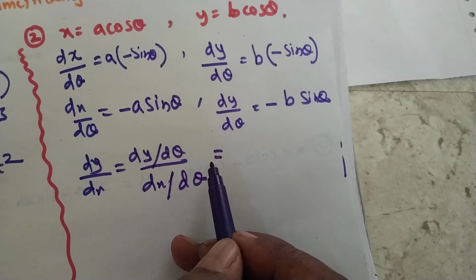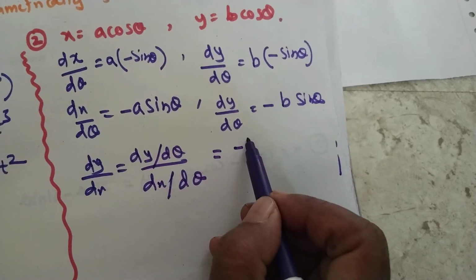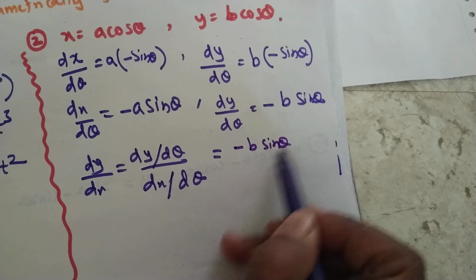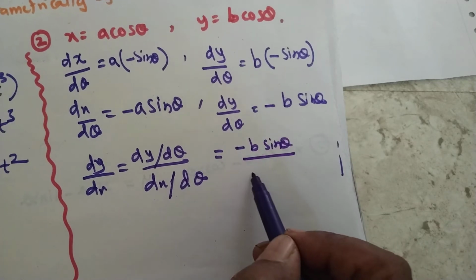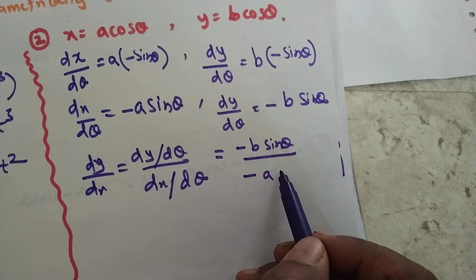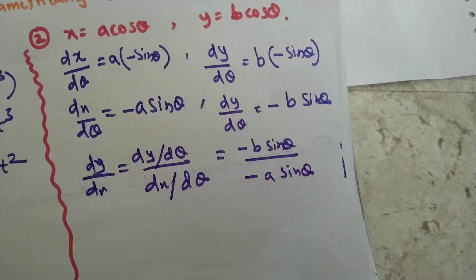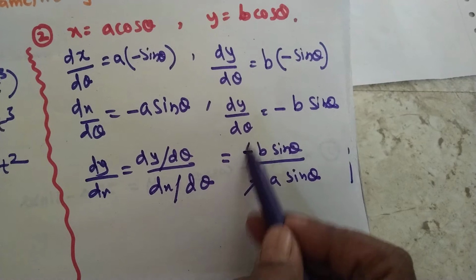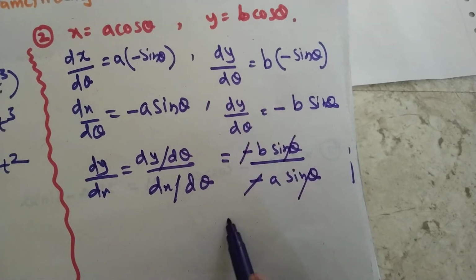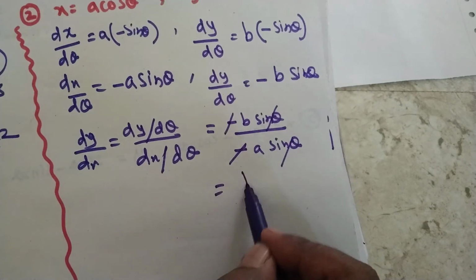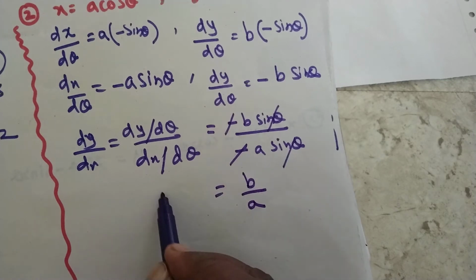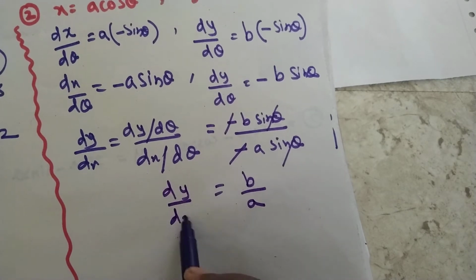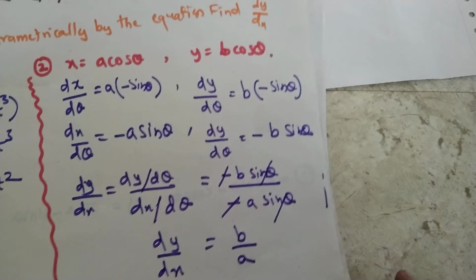This equal to b cos theta divided by minus a sin theta. So the minus sign will get cancelled, and our answer will be b by a. Therefore dy by dx equal to b by a.